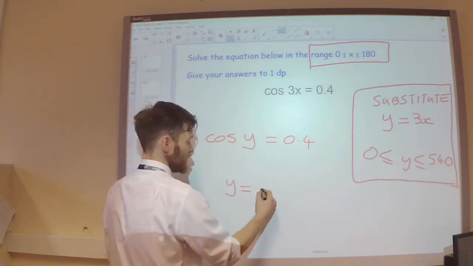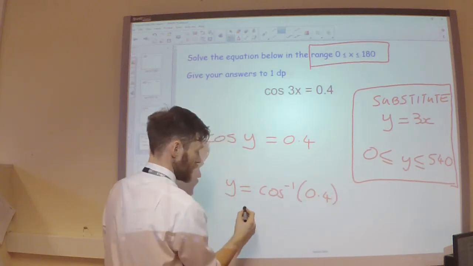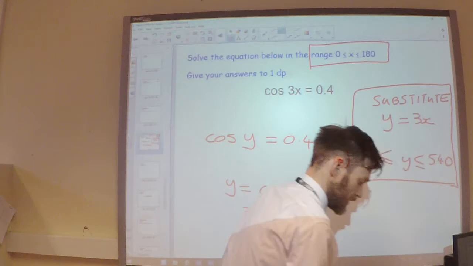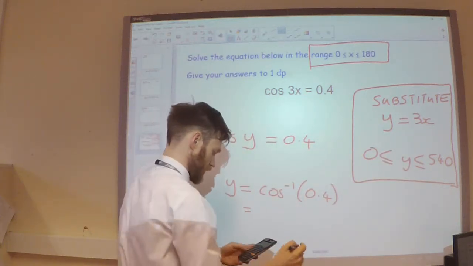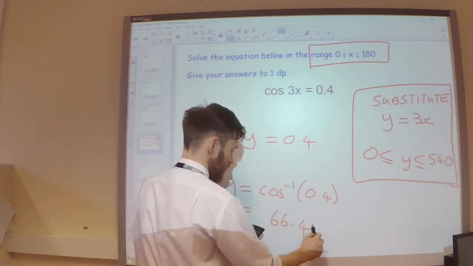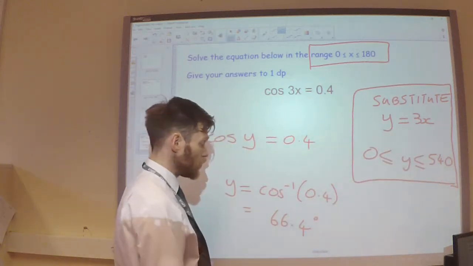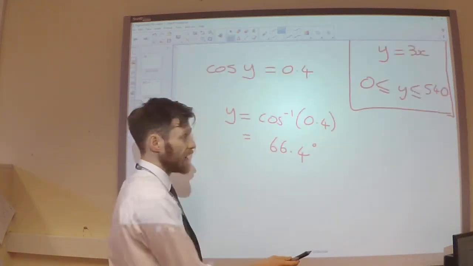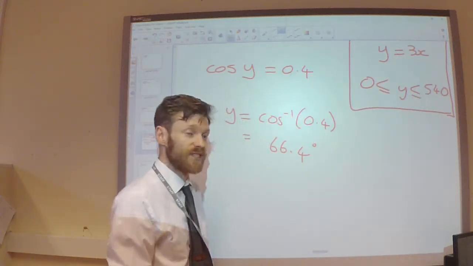So y is going to be cos inverse of 0.4. So get my calculator, and to one decimal place I get 66.4 degrees. I need to draw my graph, and I'm going to draw my graph between 0 and 540 degrees.